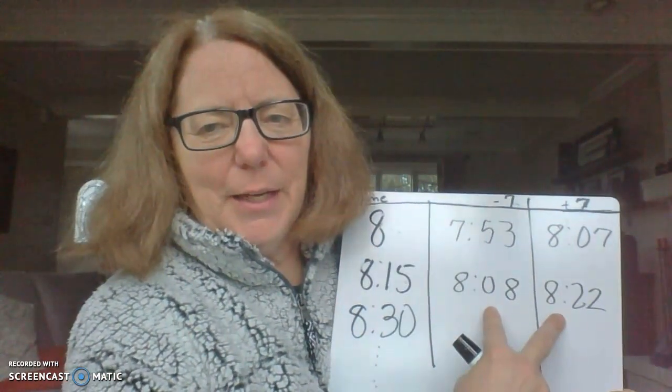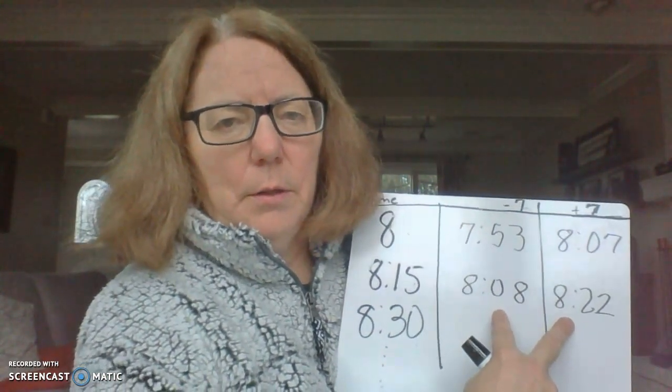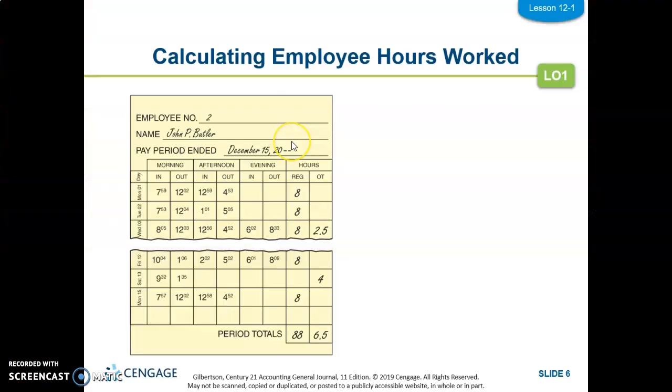If I come in between 8:08 and 8:22, that's considered 8:15 on the time card. And for 8:30, it's going to be 8:23 to 8:37. If I come between that time, it's as good as being 8:30. So hopefully that makes sense on how to do this.